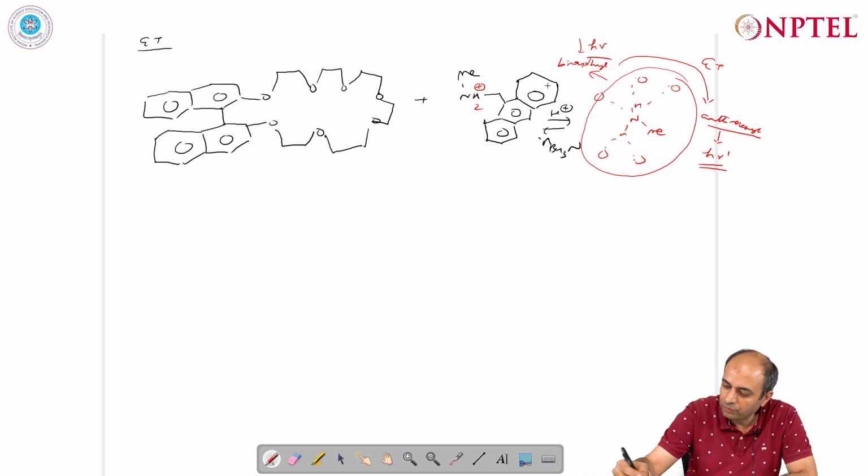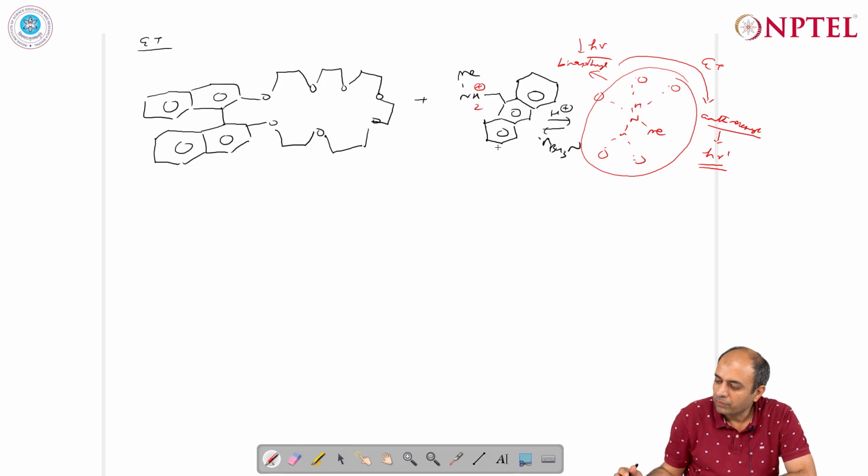So in the absence of this complexation or supramolecular hydrogen bonding association, the binaphthyl fluorescence will take place, but that is quenched because of this complexation, and the energy transfer process now happens from binaphthyl to anthracenyl, which now releases a photon of energy h nu prime, and that is responsible for the luminescence of anthracenyl.